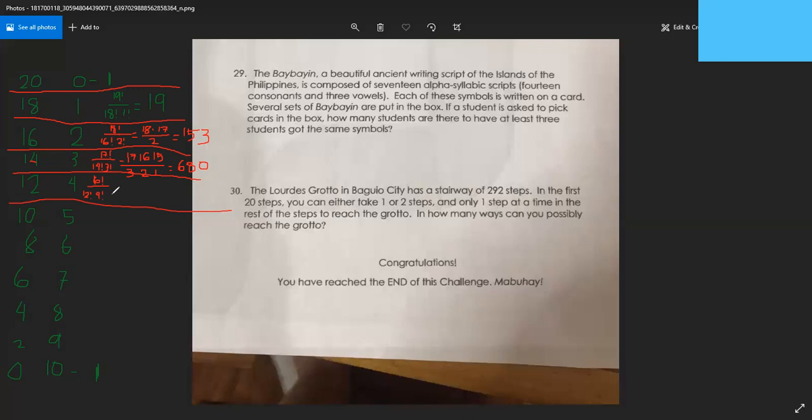In that case, we will have 16 times 15 times 14 times 13, divided by 4 factorial. And if you do this, it will be equivalent to 1,820.